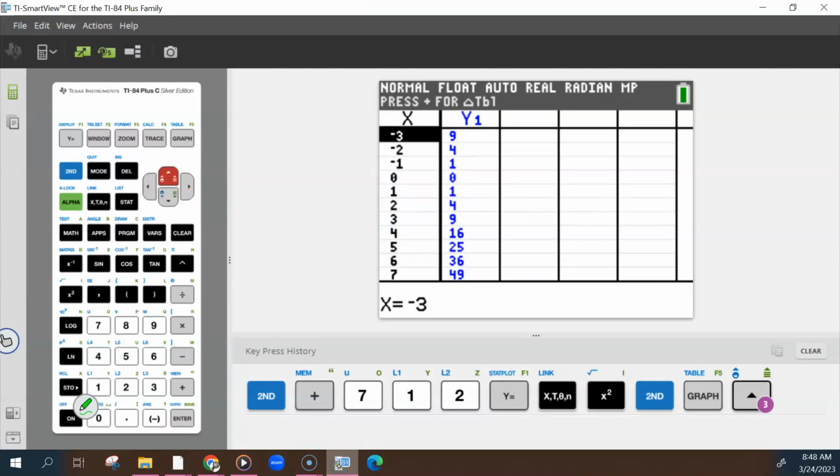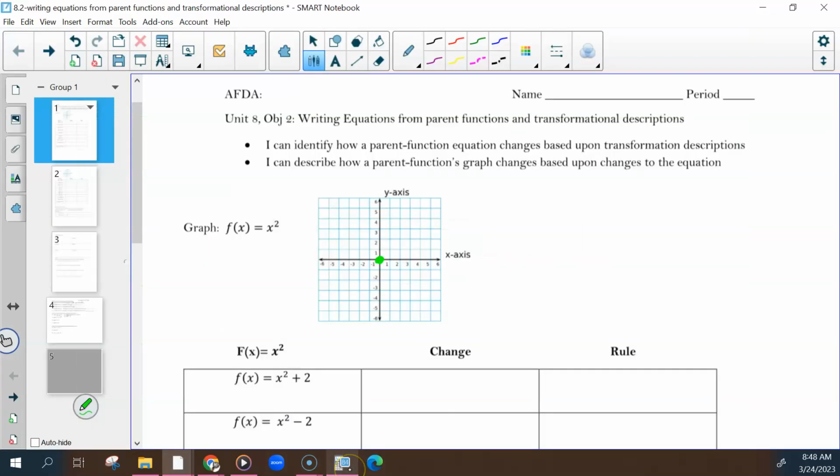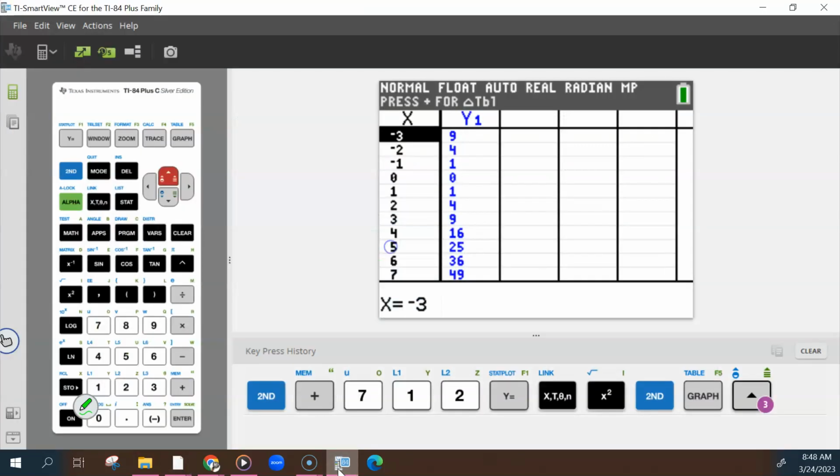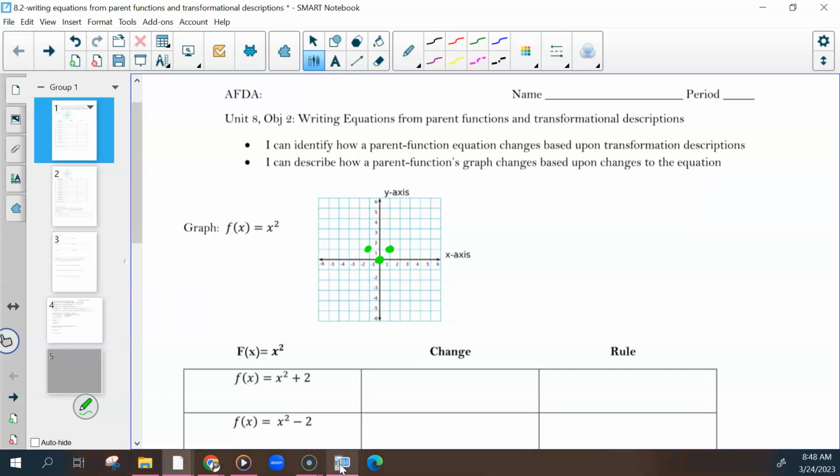And then it would go out from there. 1, 1, negative 1, 1. Negative 2, 4, positive 2, 4. And there's not enough space to do anything more. So connect your U-shaped parabola.